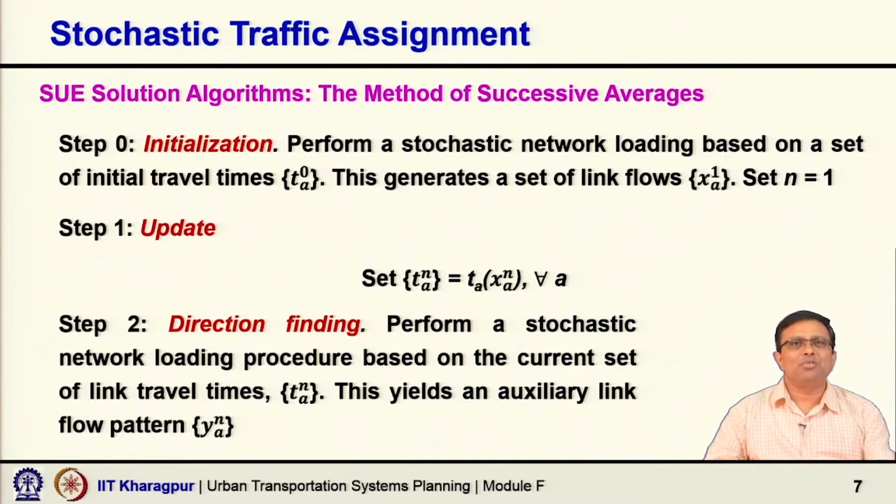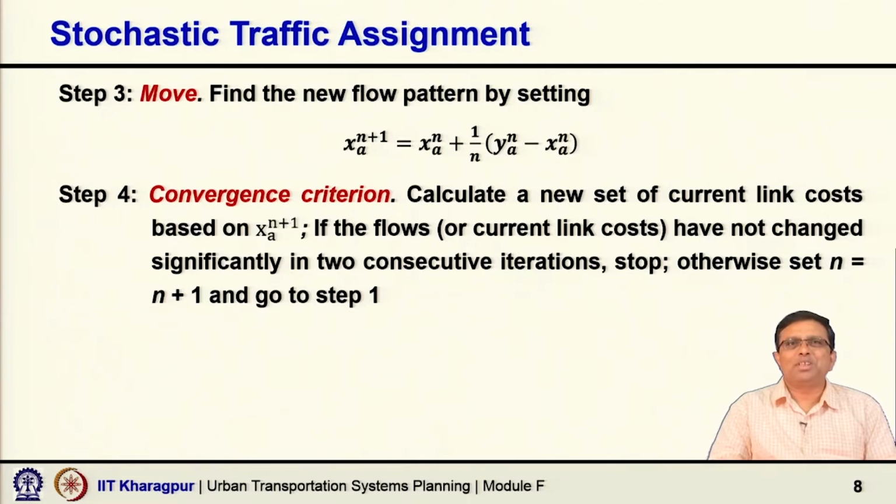You get the auxiliary flow, then you remember this equation. Now, we actually update the link flow, that was the auxiliary flow. Actual link flow, how we update? x_a^(n+1) = x_a^n, whatever was the previous flow, plus 1/n into within bracket (y_a^n minus x_a^n).